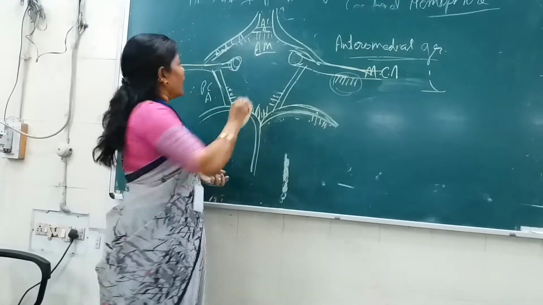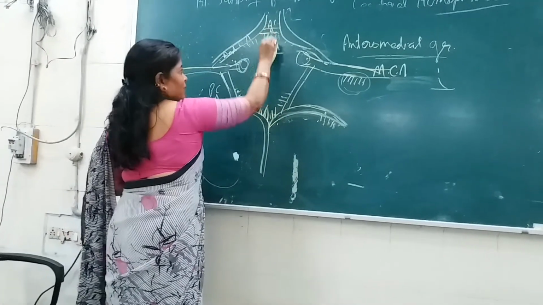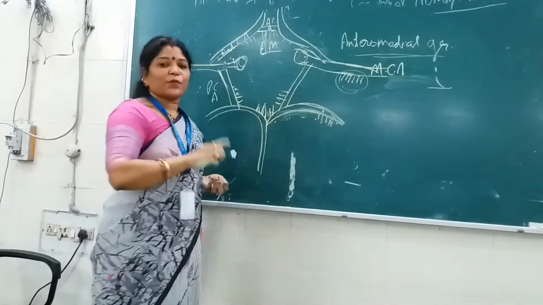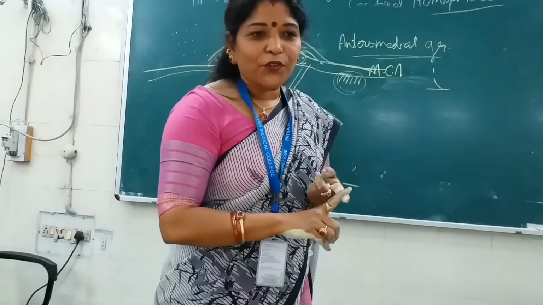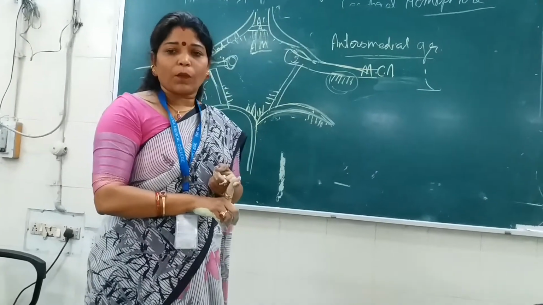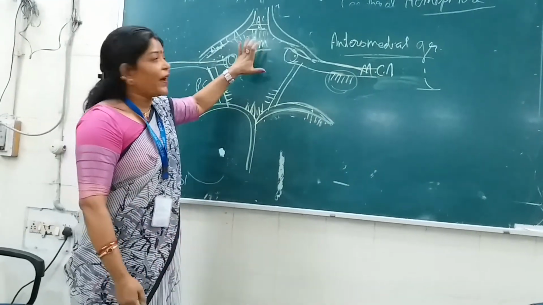The deeper central arteries pierce the anterior perforating substance and supply what? The rostrum as well as the septum pellucidum.